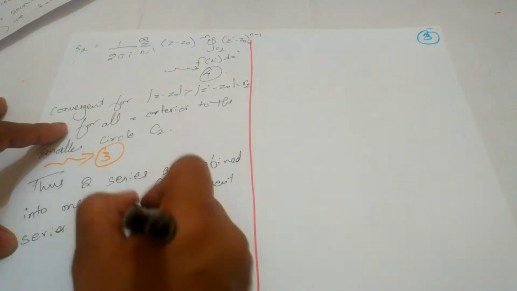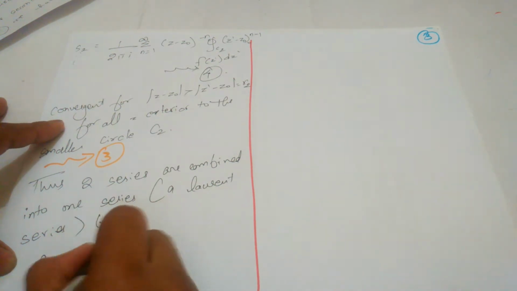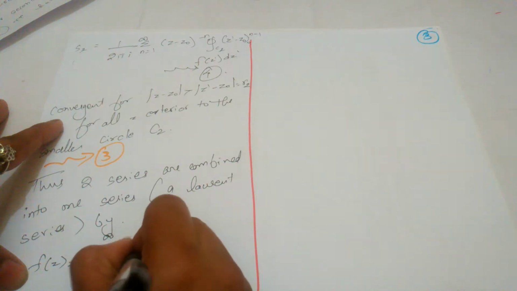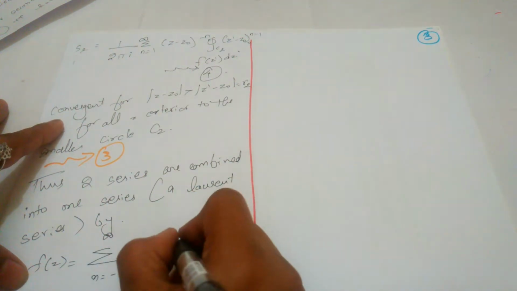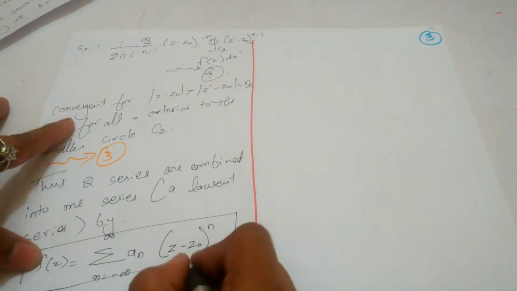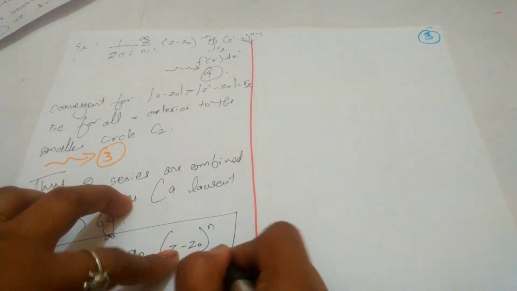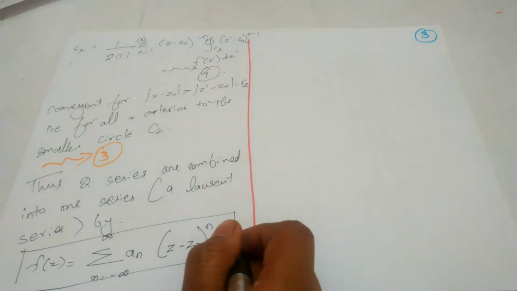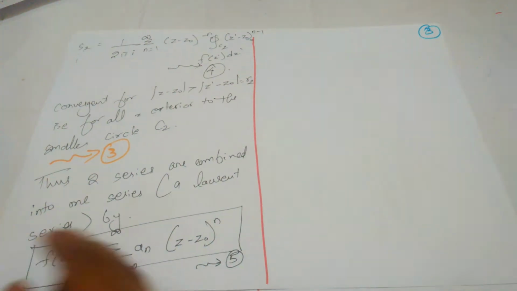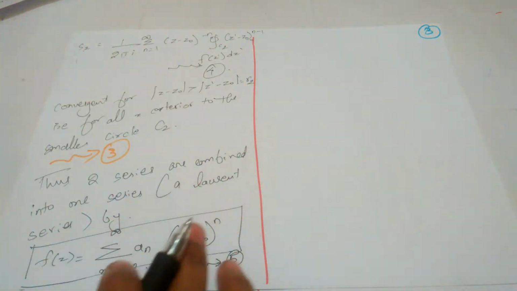Okay, so what we are getting, f of z is equal to summation of n equals minus infinity to infinity a of n into (z minus z naught) raised to n. This is my expression number 5. So this expression number 5 we call a Laurent series or a Laurent expansion.